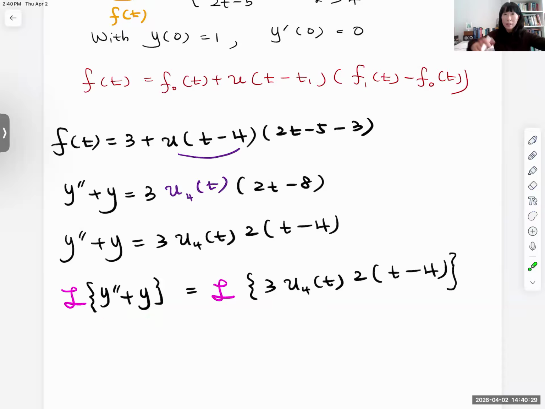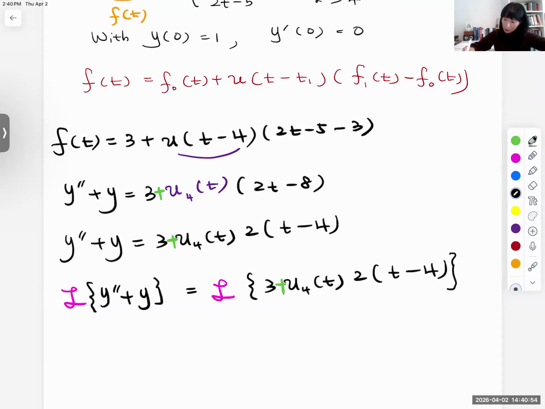Oh no, hold on 1 second. I made a mistake. Good thing I didn't multiply. We have a plus there. I made a mistake, it should be plus. That's why I cannot make a multiplication there.